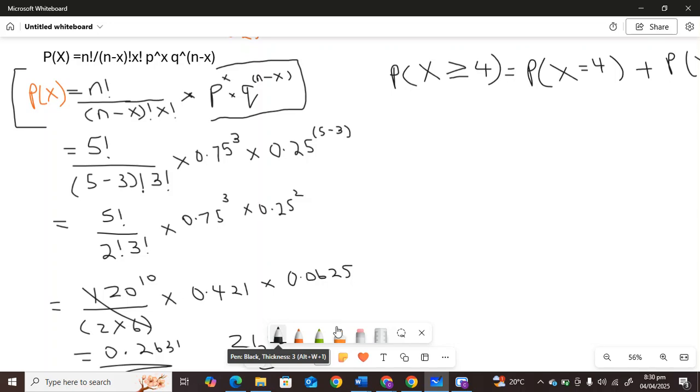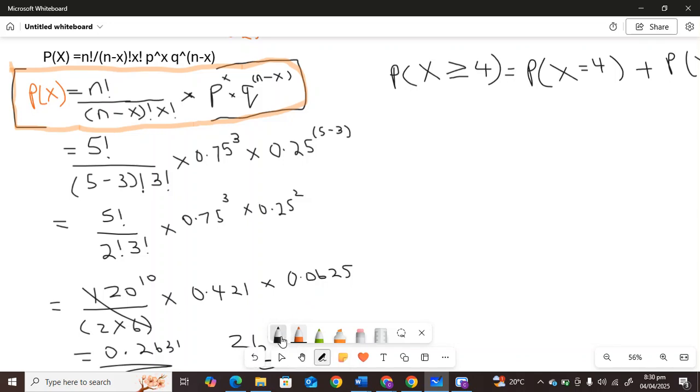Let me highlight. So the only thing that's going to change in our formula is x. N stays the same as 5. P stays the same as 0.75. Q stays the same as 0.25. It's only x that changes its value.